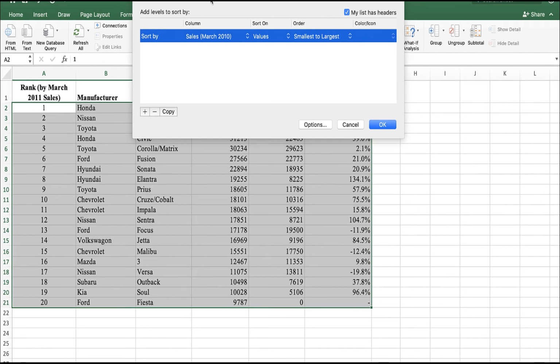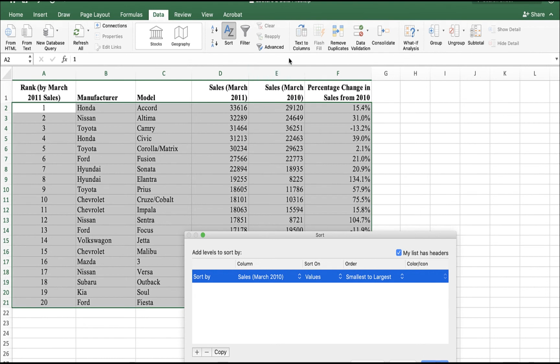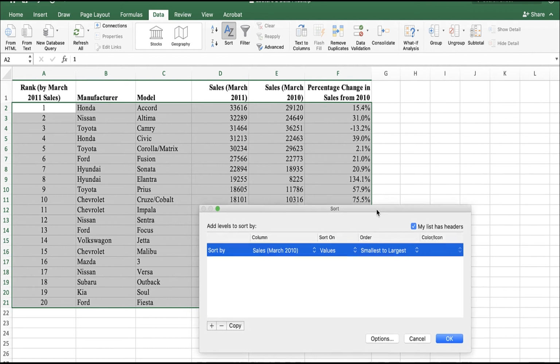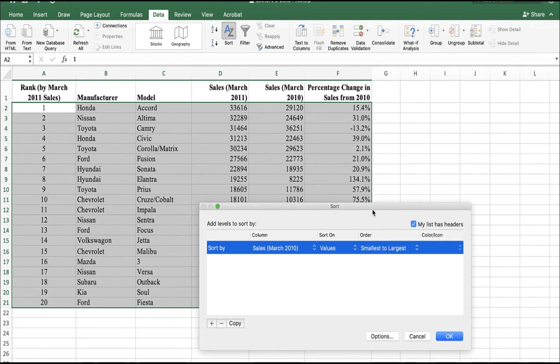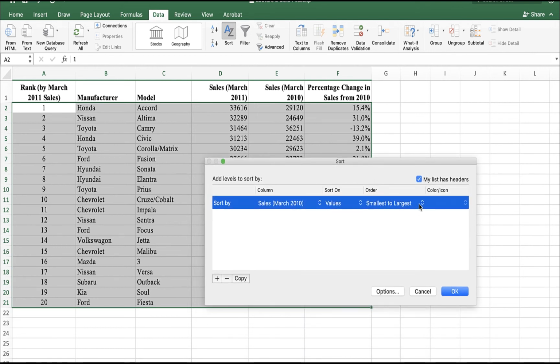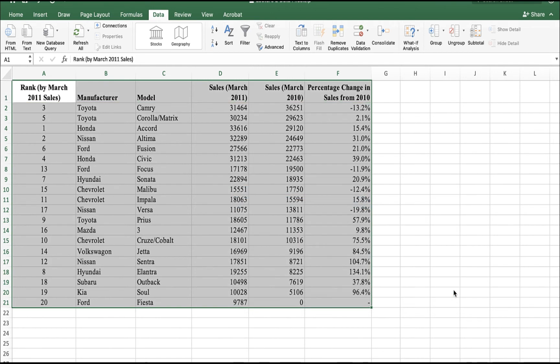I want everything to be rearranged because it would be a big mess if I didn't do that. It would just be a jumble of data. So I want to rearrange everything by the sales from March 2010. And I can do smallest to largest, or I could do largest to smallest. Probably let's do largest to smallest. And let's press OK and see what happens.